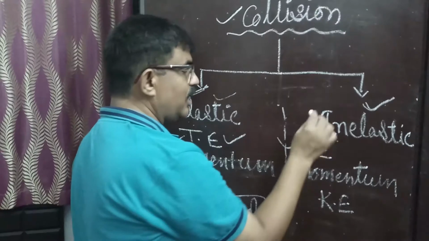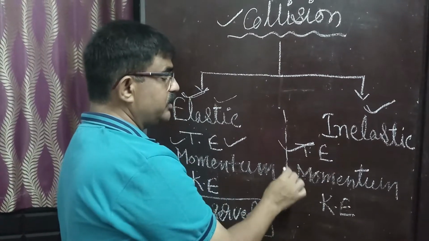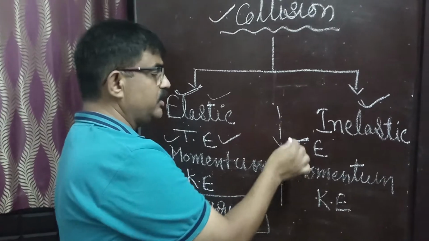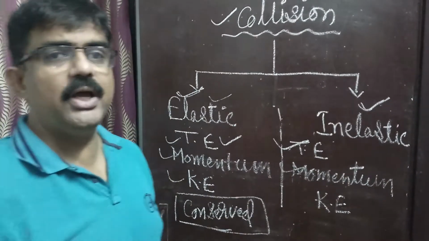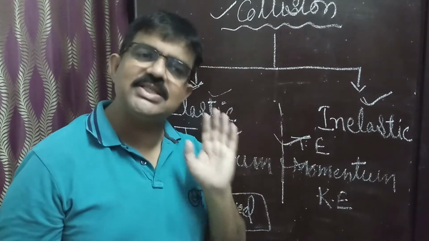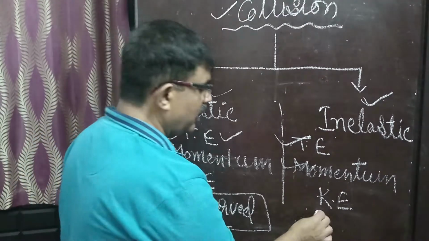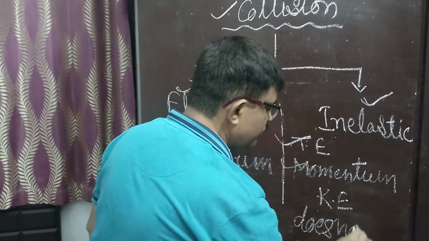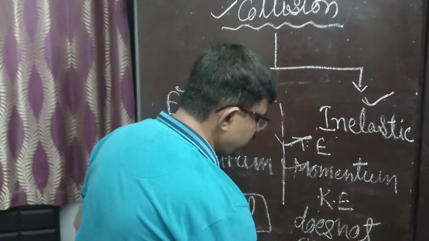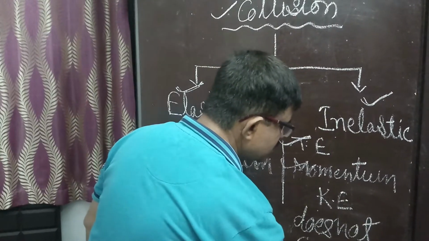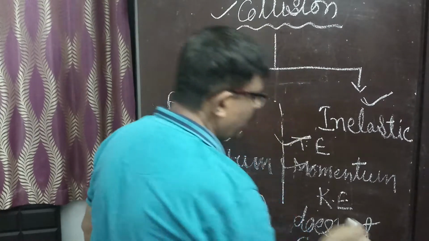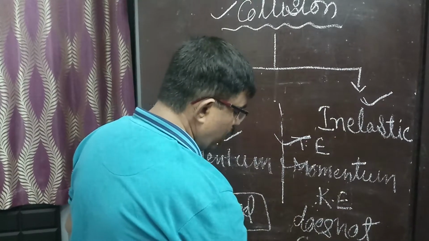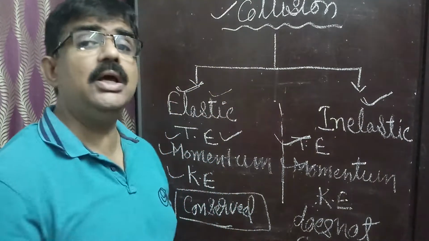And in inelastic collision, total energy and momentum remain conserved, meaning total energy and momentum before and after collision are equal, but the kinetic energy is not conserved. After collision, it is converted either into heat, sound or light.